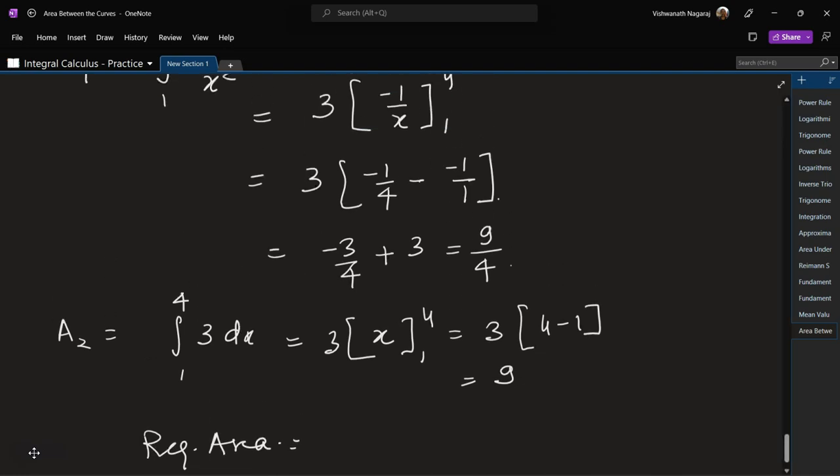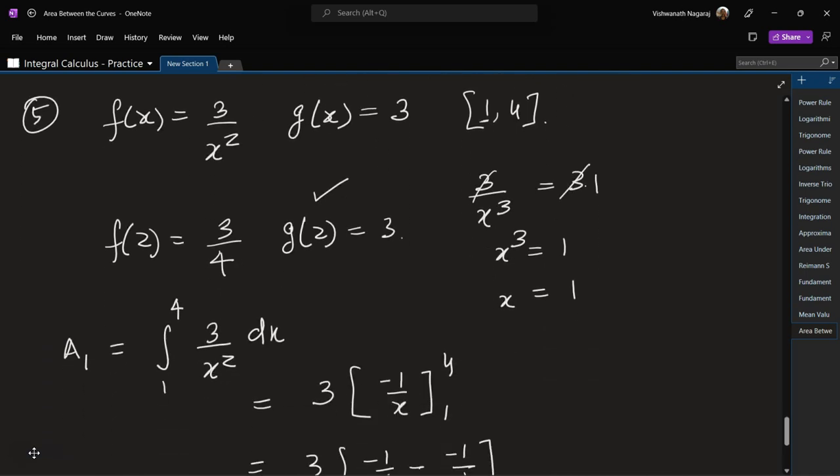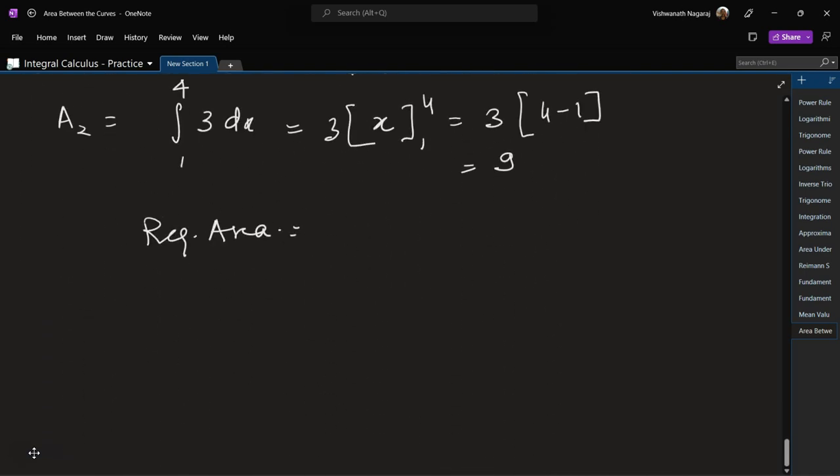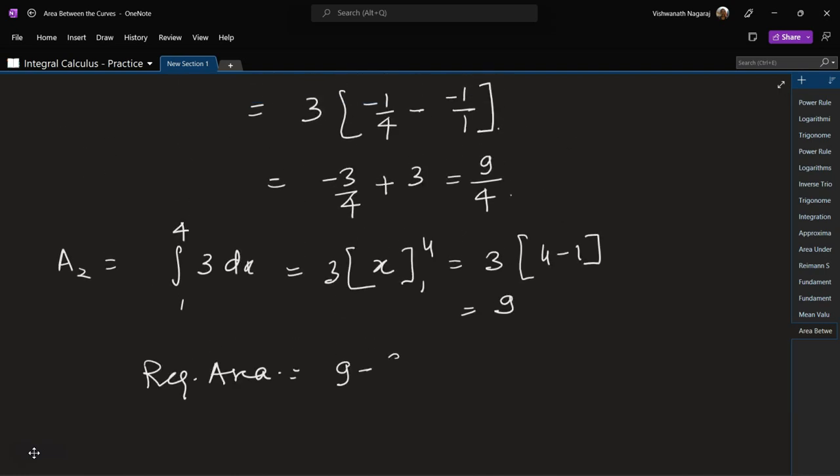Which is higher? G is higher. So G is this. So 9 minus 9 by 4, which gives us 9 times 4 is 36. That is going to be 27 by 4. So that is the area between the two curves.